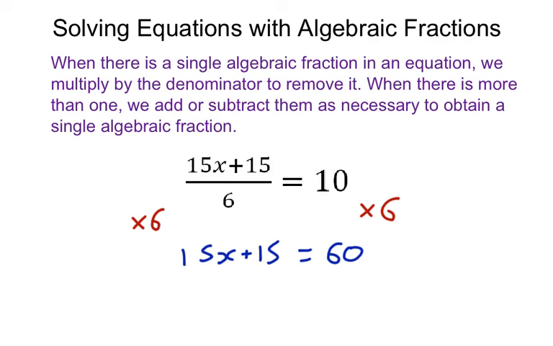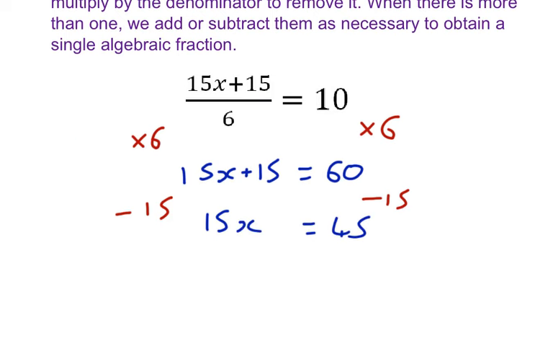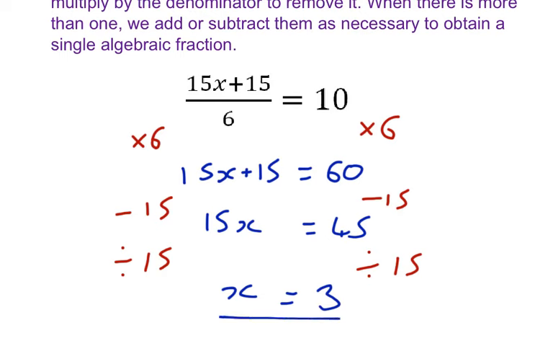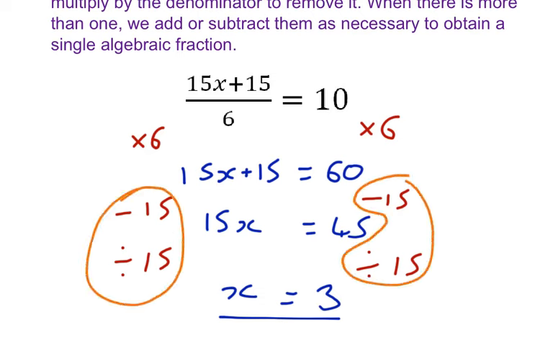And then if we take away the 15, we get left with 15x equals 45. And finally we divide by 15 on both sides, and we get left with x equals 3. In the rest of the examples I'm going to say, but I'm not going to write, the steps that we've done on each side. Okay?